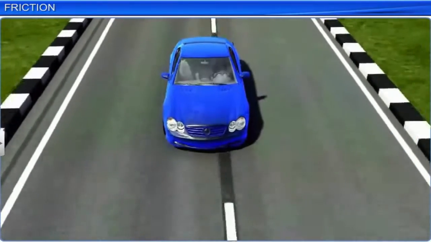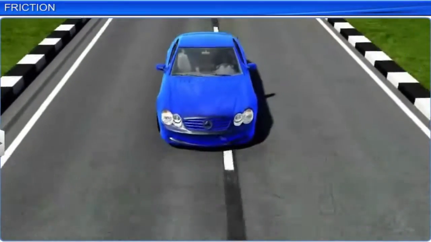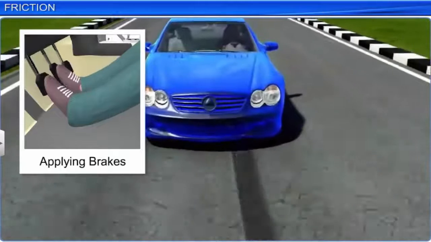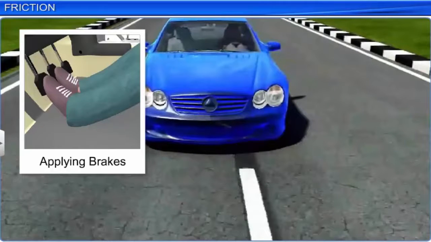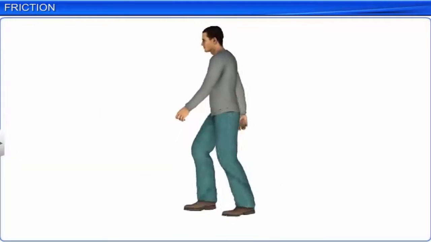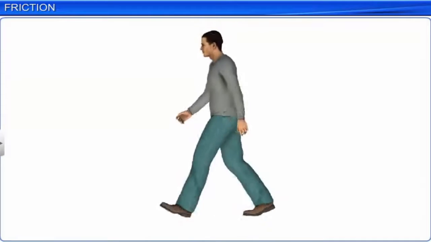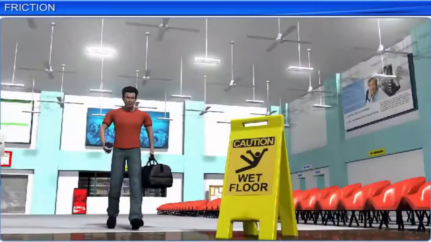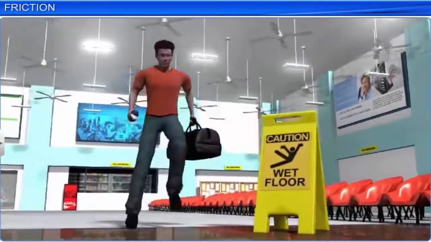Because of this friction, the automobile is able to move forward or stop when brakes are applied. We are able to walk only because of the friction between our feet and the ground. We would fall if we tried to walk on a slippery surface.